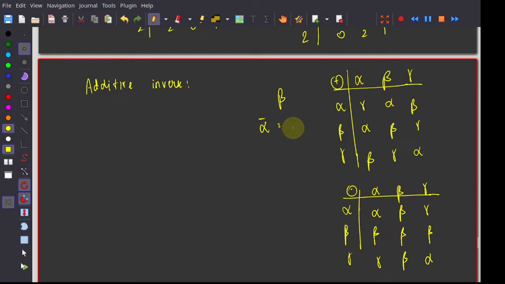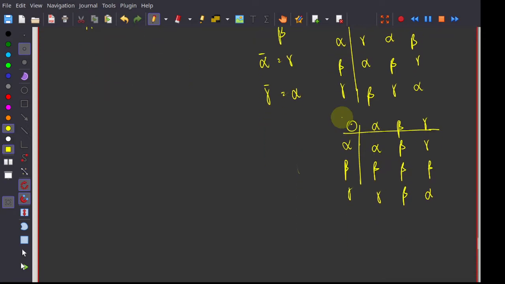Alpha bar is equal to gamma. What is the additive inverse of gamma? So that is fine. Now every element has an inverse, and there's an additive identity.